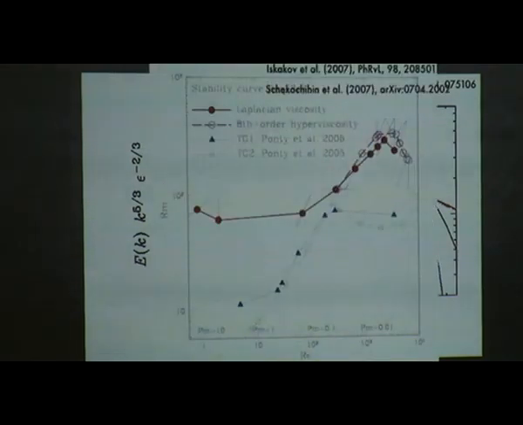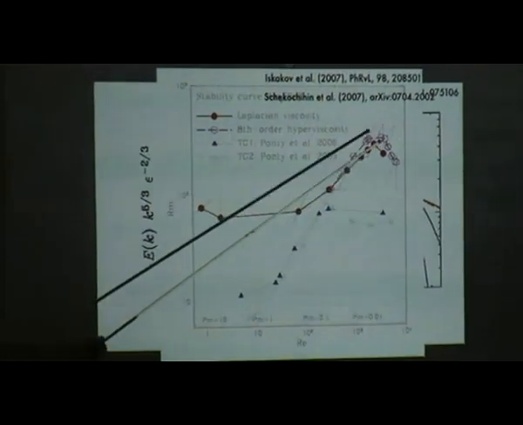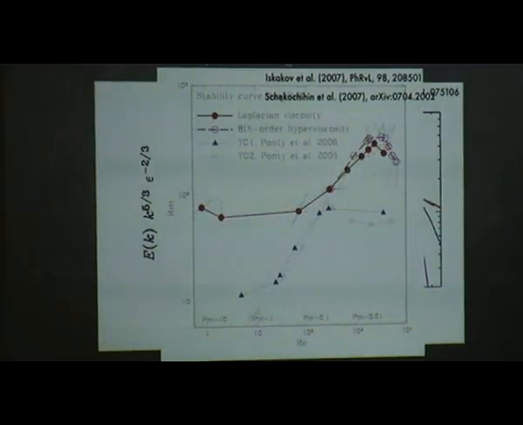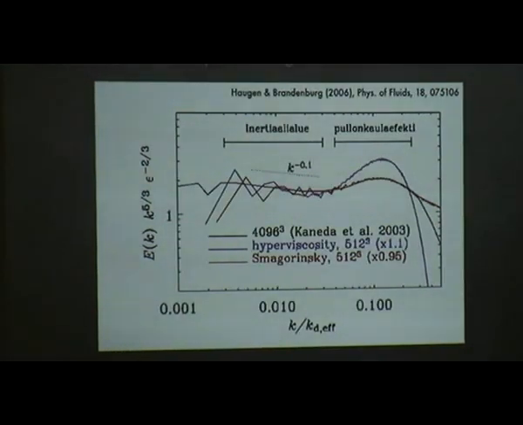If we look at this figure again, basically this bump here occurs at around Prandtl number 0.1, which conveniently, also in this figure, I don't know if it's a coincidence, there's also a 0.1 here. And basically it occurs on the bottleneck effect itself, where the velocity field is at its roughest.